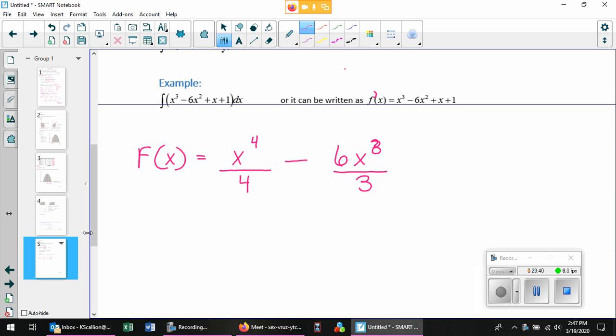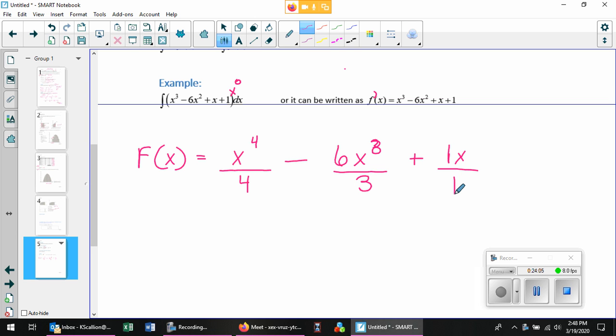And then I've got 1, so really that was 1x to the exponent 0. So we're going to add 1, which will be 1x. You can totally just put x. I'm just putting it so we see it, and I'll be dividing by 1.